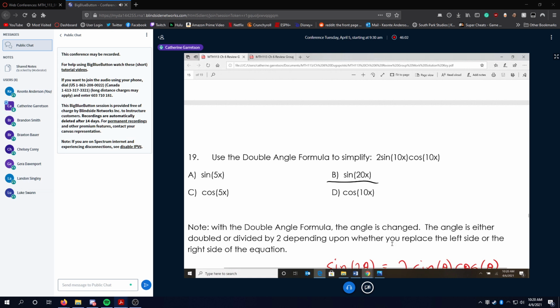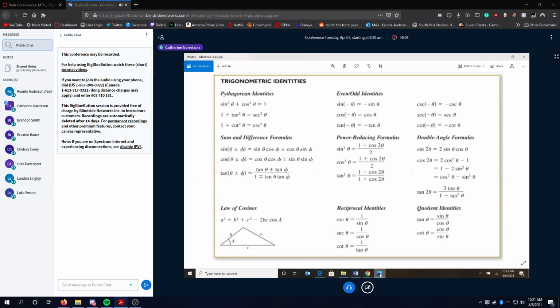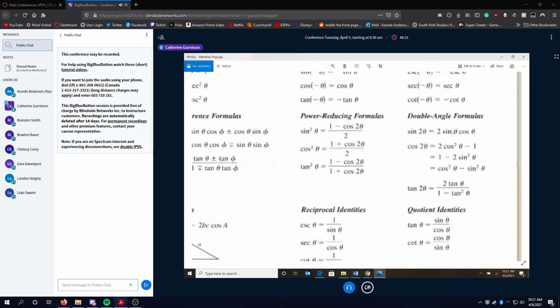And when you say direction that I go, let's look at this one. The double angle depends. If you're starting on the left and you replace it with the one on the right, it cuts the angle in half. But if I'm on the right and I replace it with what's on the left, it doubles it. So it depends which way you read it.